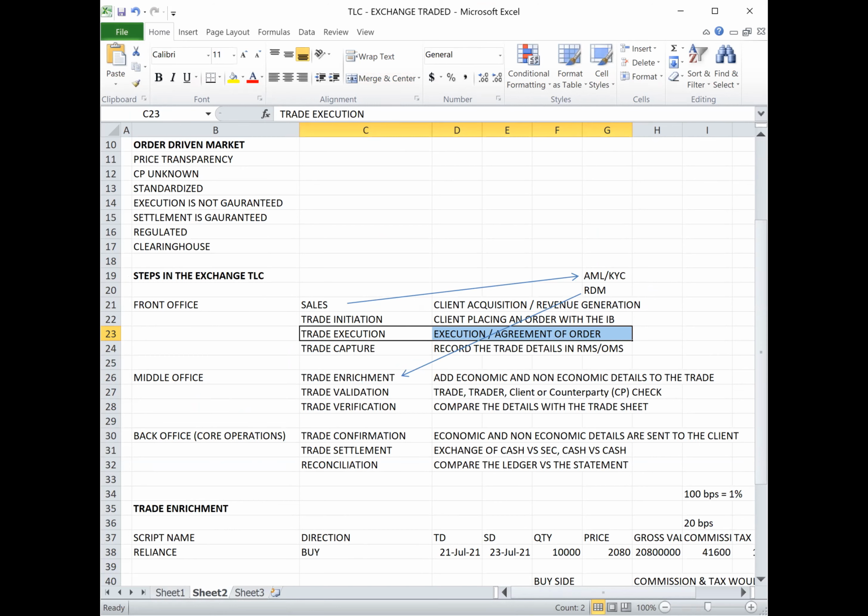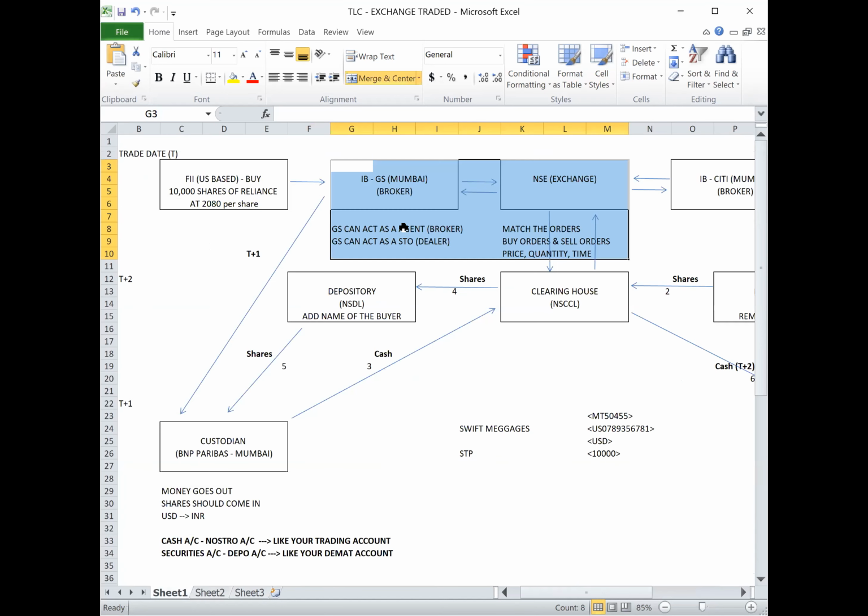Is everyone clear with trade execution, guys? Yes, sir. Simple, right? Now it is making sense. We have given different names to these. This is trade initiation. This is trade execution.